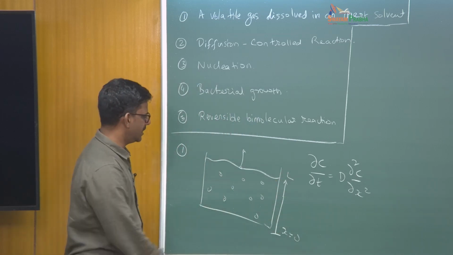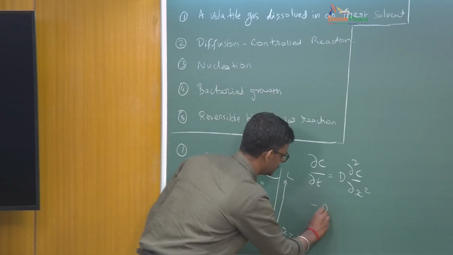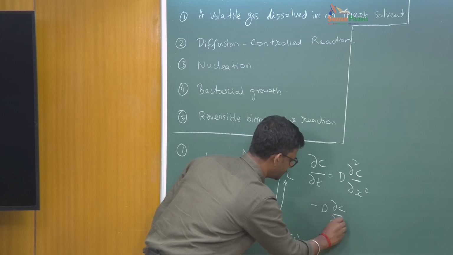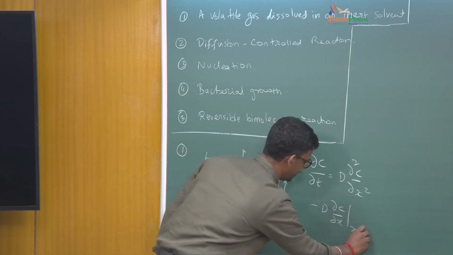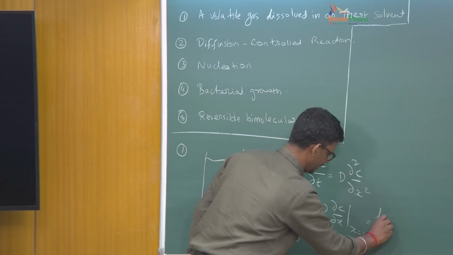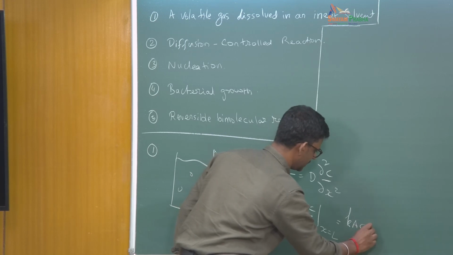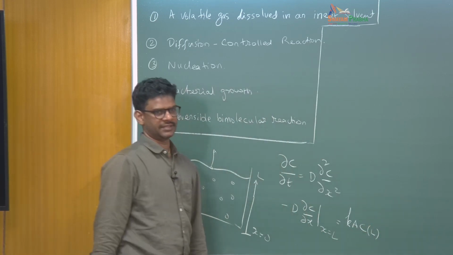Okay, we can say that at L the flux, that is dou C by dou x at x equal to L, should be equal to some mass transfer coefficient times area times C at L, something like this.